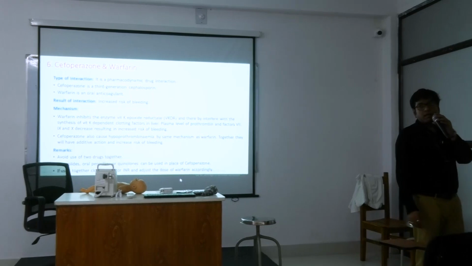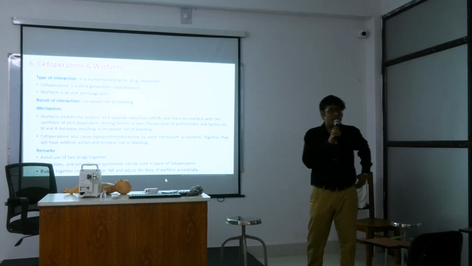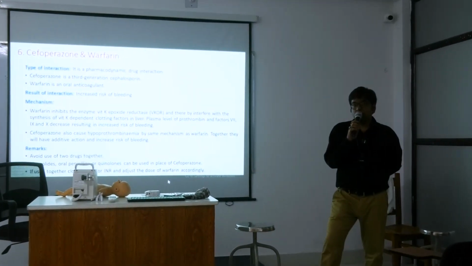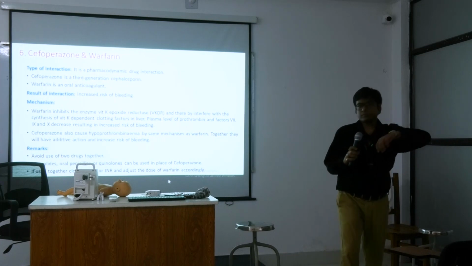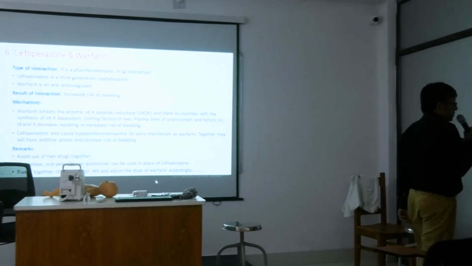Before discussing that, do any of you remember what is a pharmacokinetic and what is a pharmacodynamic drug interaction? Many of you are not present, that's why I am repeating.